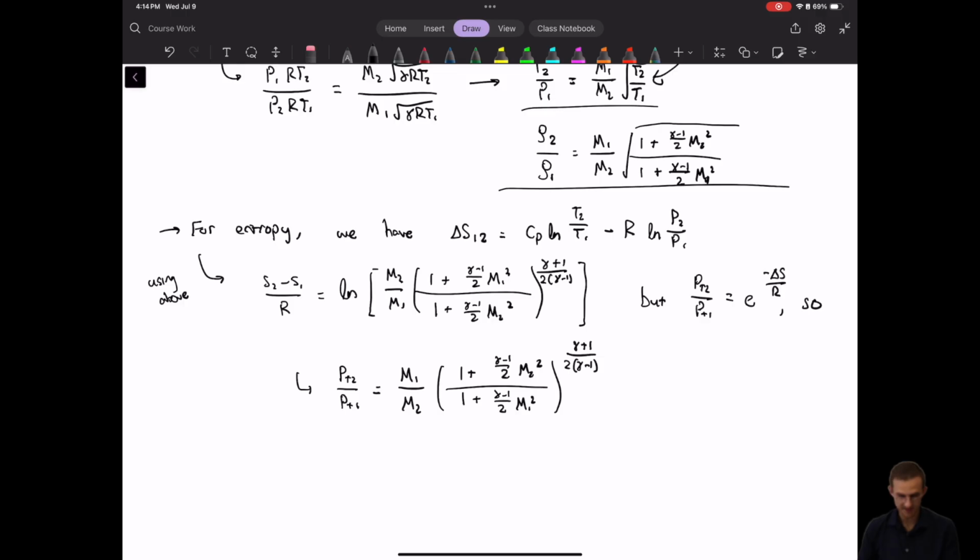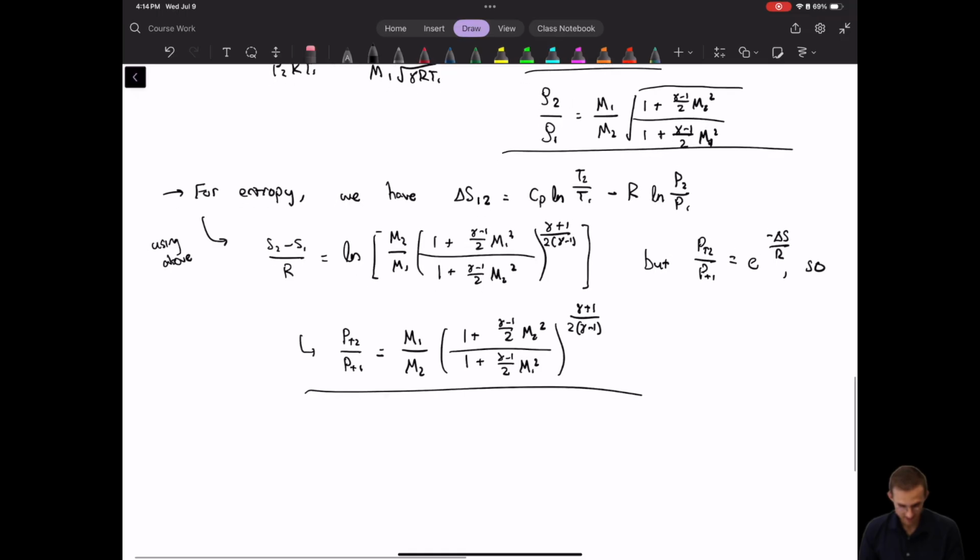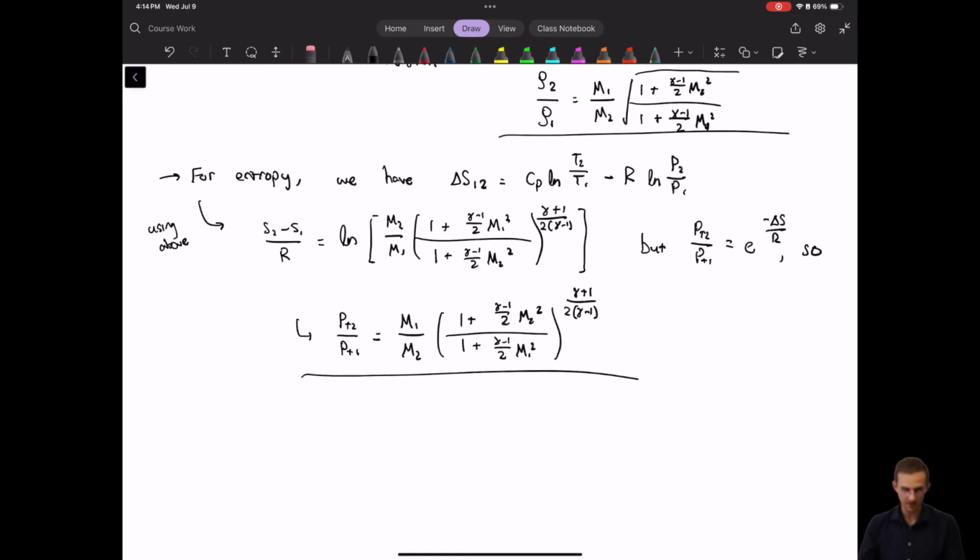Okay? So that's our last working equation that'll be useful to us. So with that set of equations, we can now solve for basically all the downstream properties once we're given M1 and delta X. So that's why we went through that painful exercise of deriving all of these.